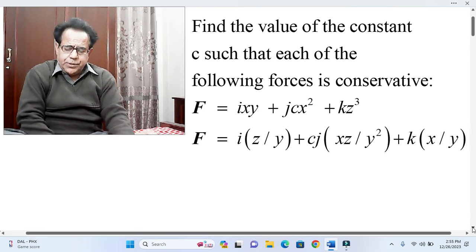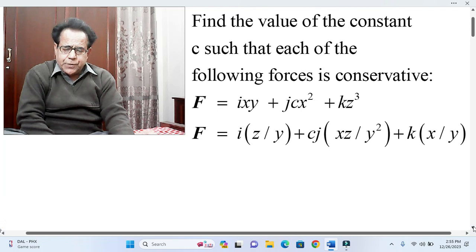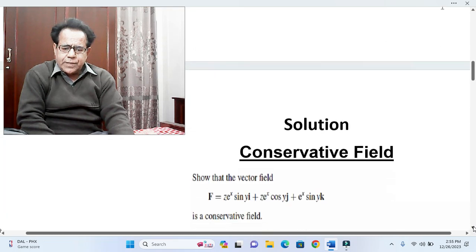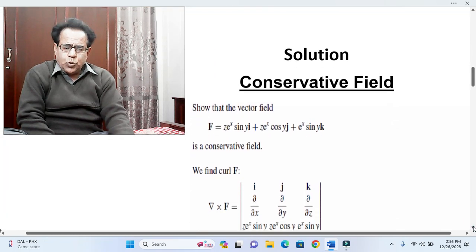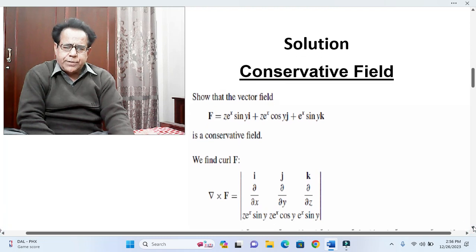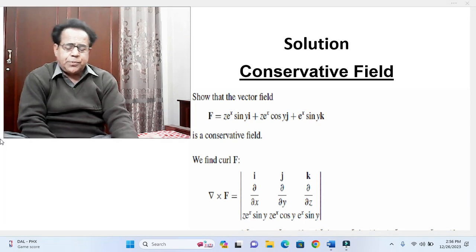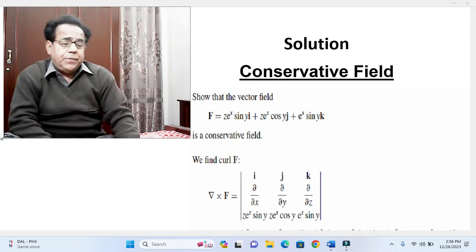This problem is to some extent similar to the previous problem. The previous problem was also about a conservative field, a conservative force. So the snapshots will be almost the same as those included in the previous video.